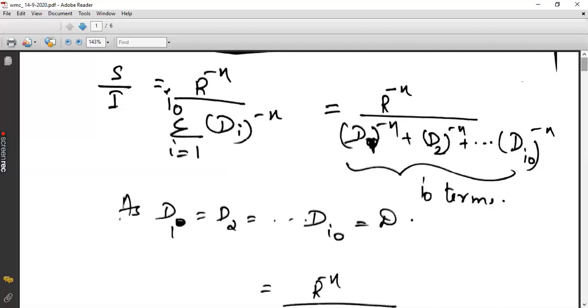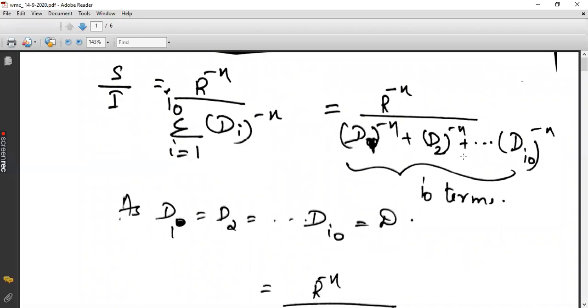So if I am focusing on one cell, and around my cell I have I0 number of cells contributing to the interference, but all those cells adjacent to my cell are equidistant. So all other I0 cells contributing to the interference are equidistant from my cell. Then there is no need of putting this notation Di. D1, D2, D3 up to Di0, everything is going to be the same, whose value can be called D itself.